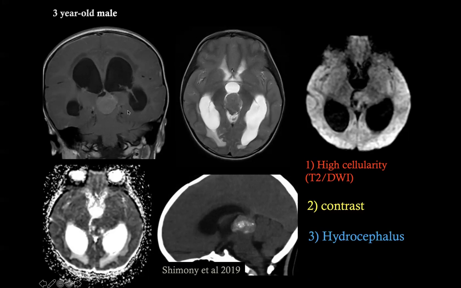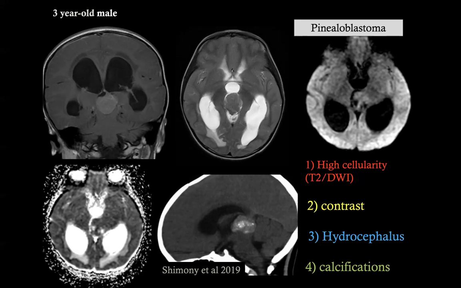This combination of three findings plus calcification in a very young child is again suggestive of an embryonal tumor, given the location we will call pinealoblastoma. Remember, pinealoblastoma is always associated with hydrocephalus, while germinoma depends.